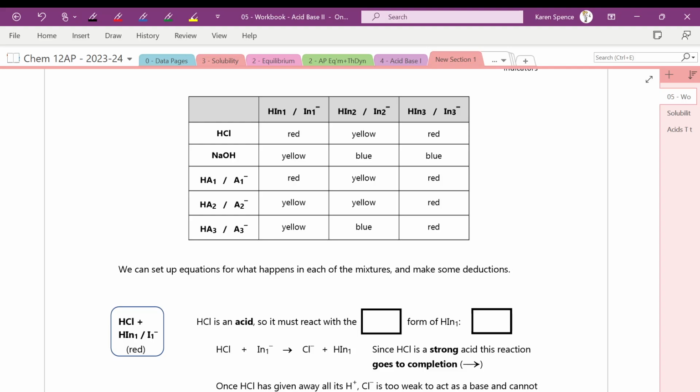Oh, so you look at the strongest. Yeah. That would be strongest.